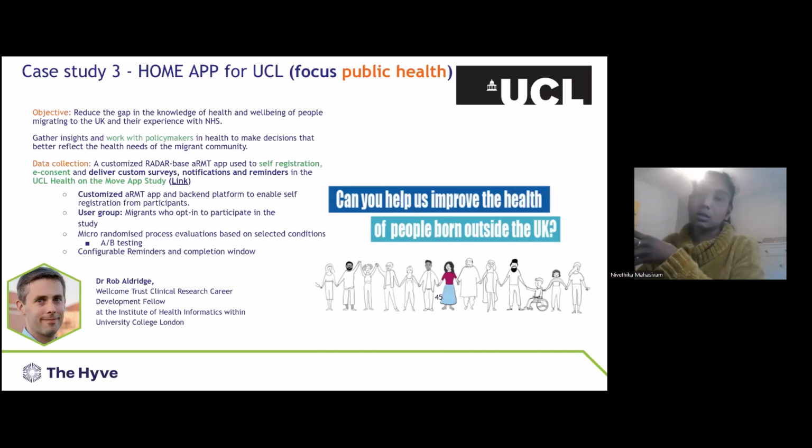This part of the knowledge has been missing. The goal of the study was to reduce that gap. And eventually, if they find out where there are challenges, then they can talk with the policymakers and advise them to make suitable changes.